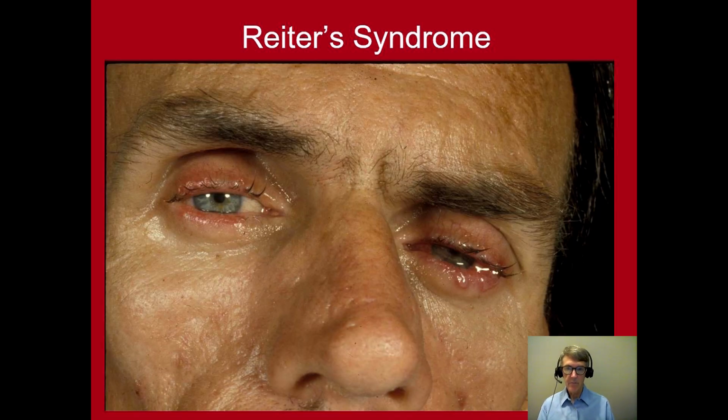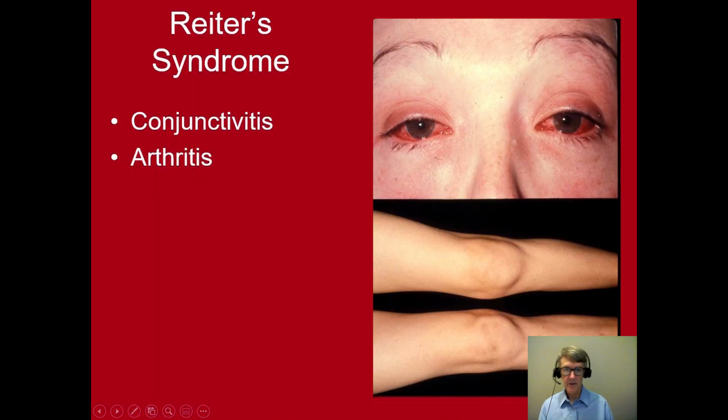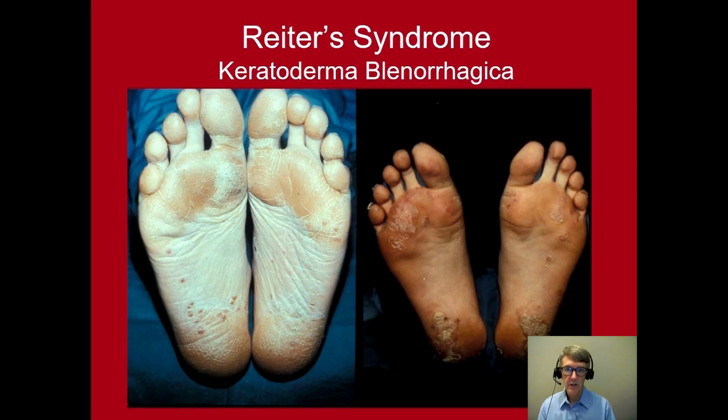This is an example of the conjunctivitis that can occur. This was a gentleman that had the knees drained that we saw previously, and you can see that there's edema of the lids. He has some redness of the conjunctiva. This is an example again of conjunctivitis, and one can see the associated arthritis. This is keratoderma blennorrhagica, and this is a skin condition. It looks a lot like psoriasis, tends to occur on the palms and soles.